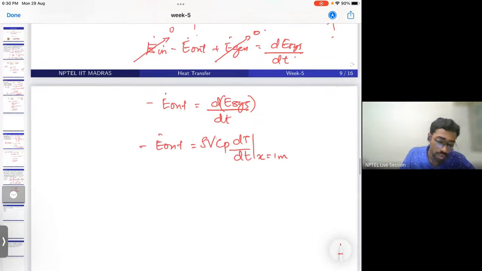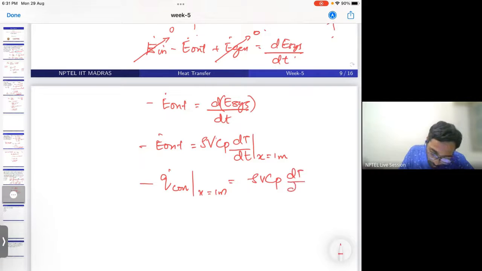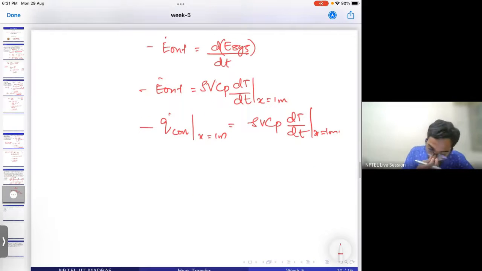So what is E out? The only heat transfer mode happening is convection. So minus q convected at x equal to 1 meter should be equal to rho V Cp dT by dt at x equal to 1 meter, right?